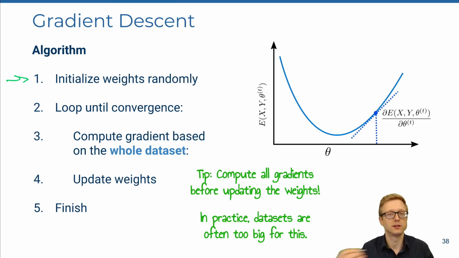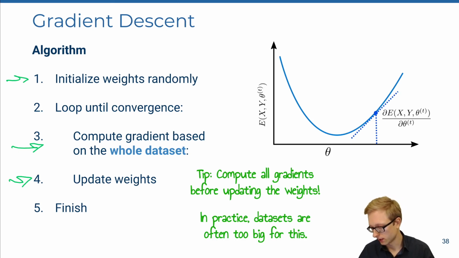We then have a loop that at each step calculates the gradient based on the whole dataset, and then updates the weights using that gradient, using the gradient descent step rule. And then we finish when the loss function doesn't improve anymore.